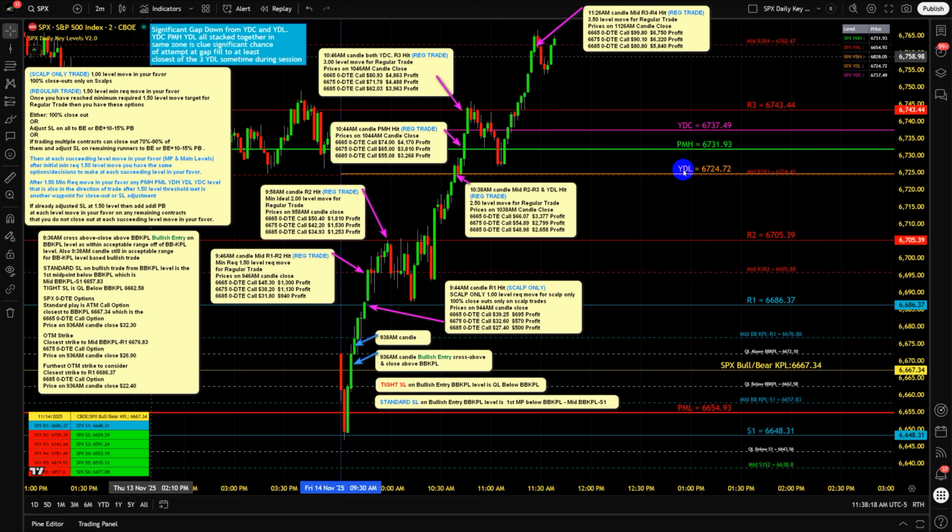It just so happens that the YDL level was extremely close to this midpoint level. So in this case, there's only a 30-cent difference, so it took out both of those levels in this 10:38 candle.